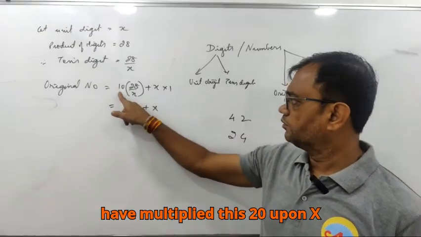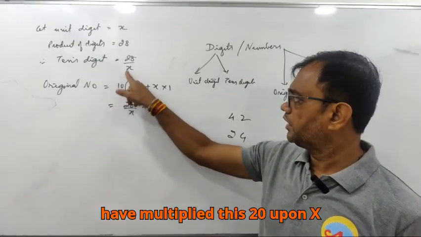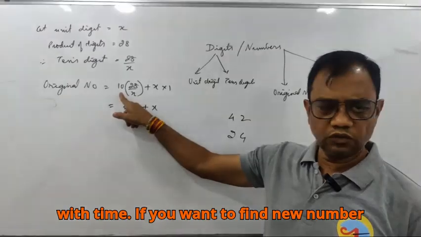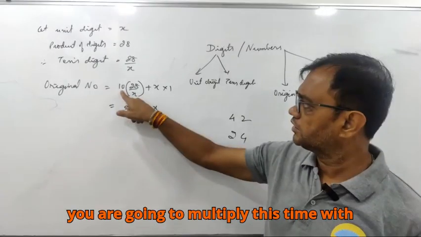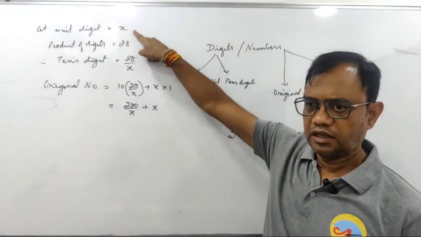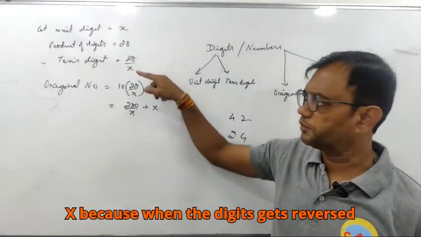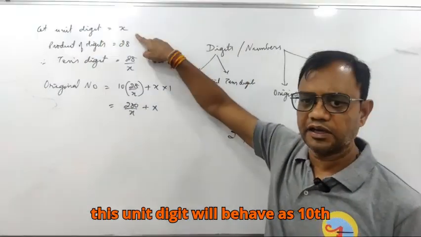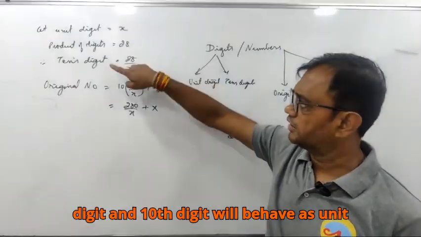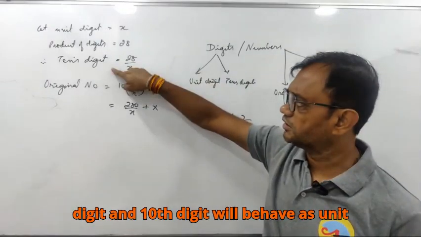Here we have multiplied this 28 upon x with 10. If you want to find the new number, you are going to multiply 10 with x and add this 28 upon x, because when the digits get reversed, the unit digit will behave as the tens digit and the tens digit will behave as the unit digit.